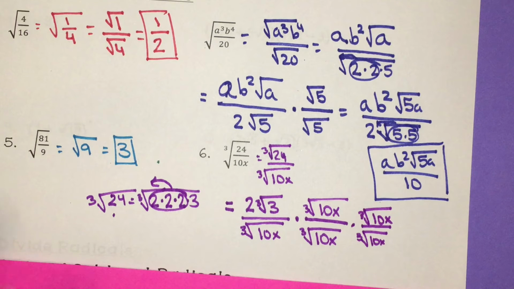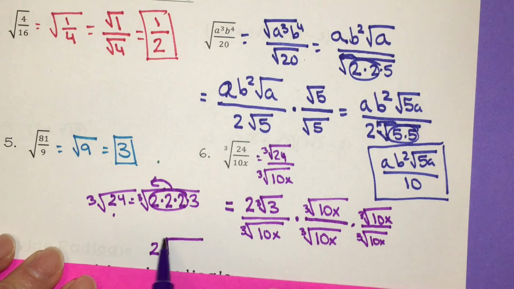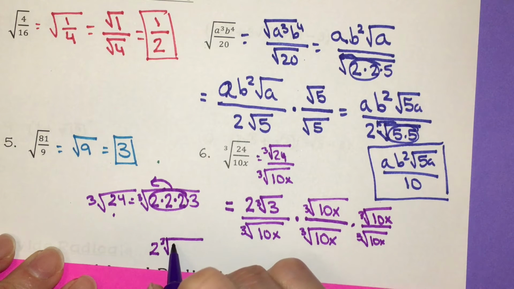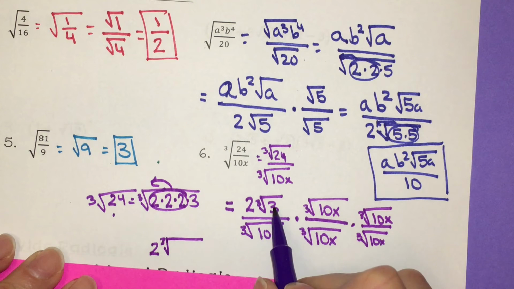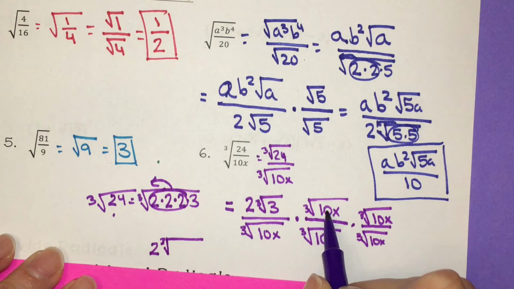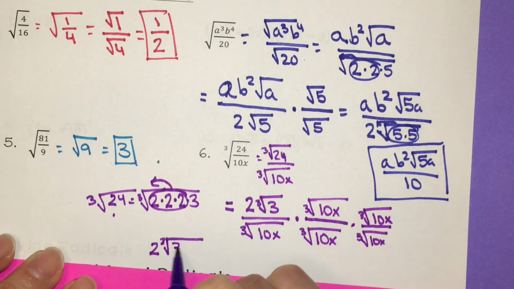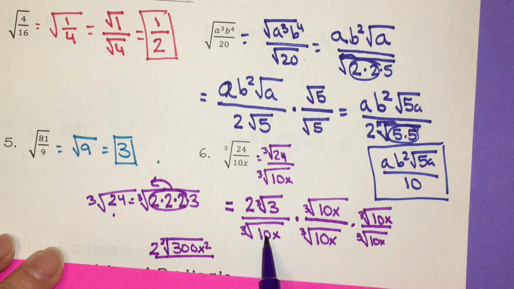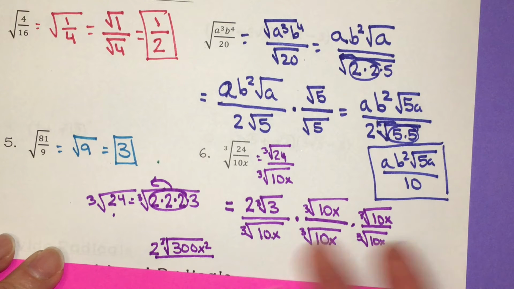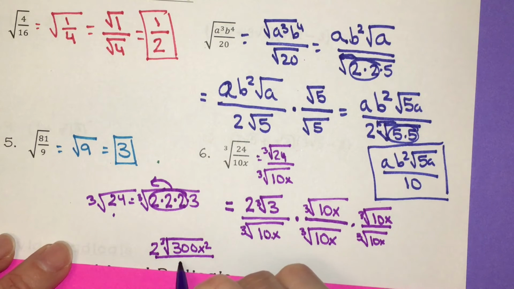All right, so this gives us 2 times the cube root of, we'll have 3 times 10 is 30, times 10 is 300, and x times x is x squared, over, because we have the cube root of 10x times 10x times 10x, that means 10x is multiplied by itself 3 times, so we can bring 10x out.